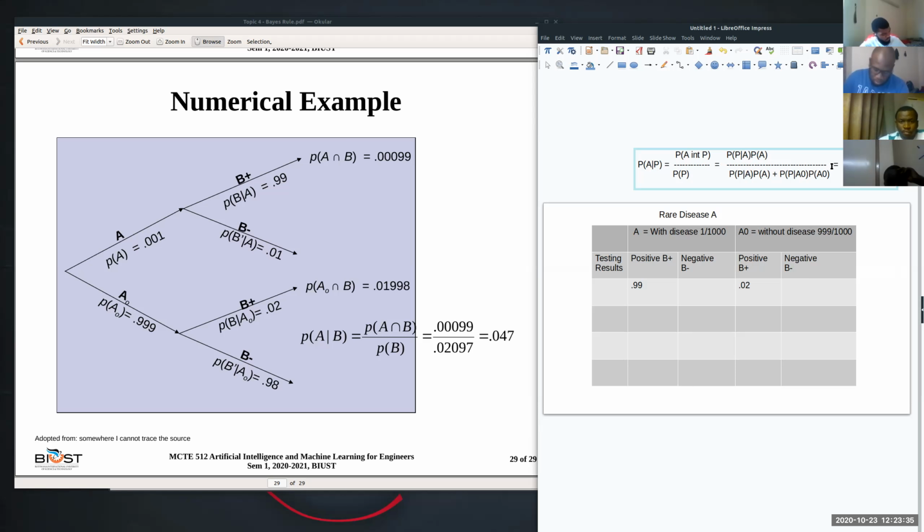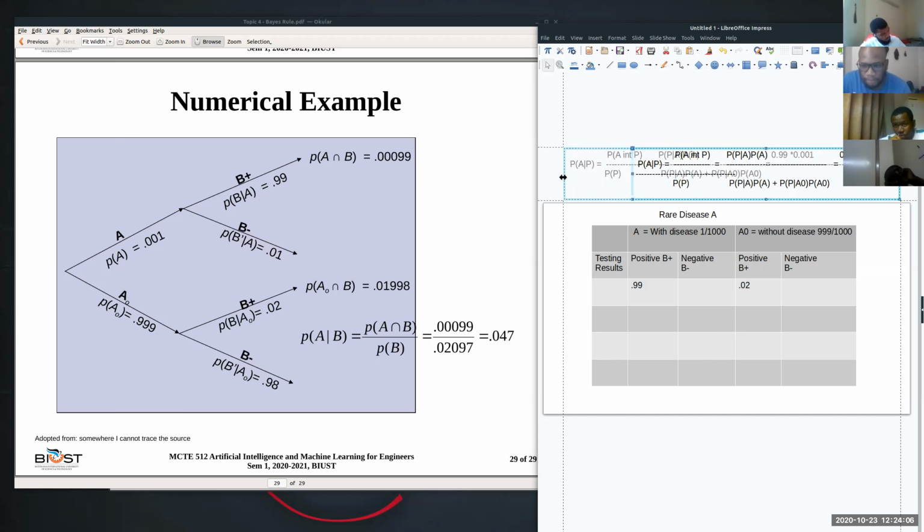So in this case, we just write down on top: the probability that you are positive and you have the disease is 0.99, multiplied by the total probability of the disease, 0.001, divided by the numerator again, times 0.001.